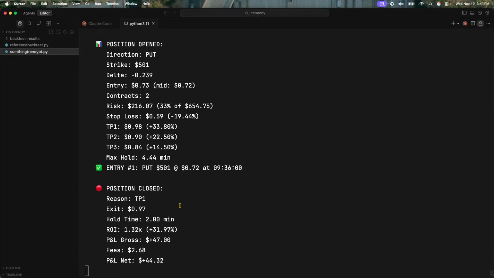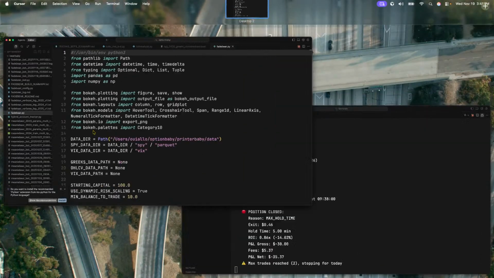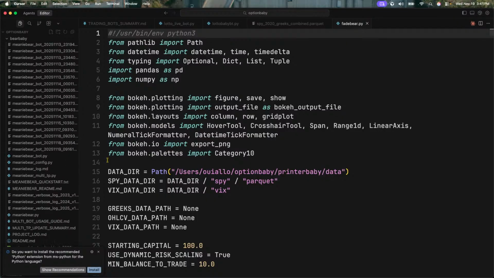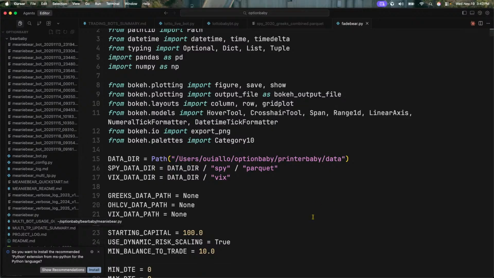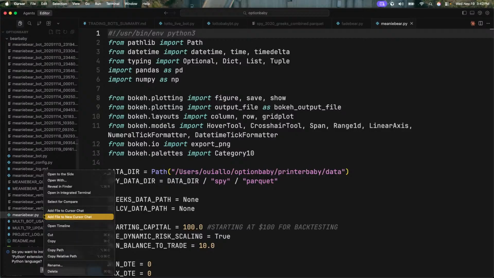This is just bad. I can't see what is happening. All right, this is what I'm going to need to do, because this is SPY. This doesn't make sense.